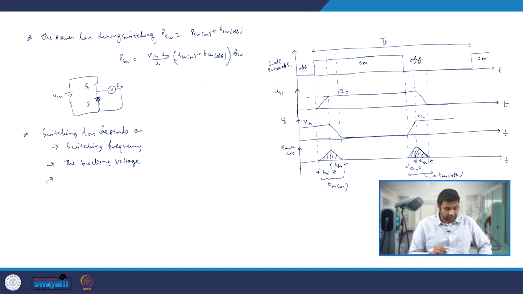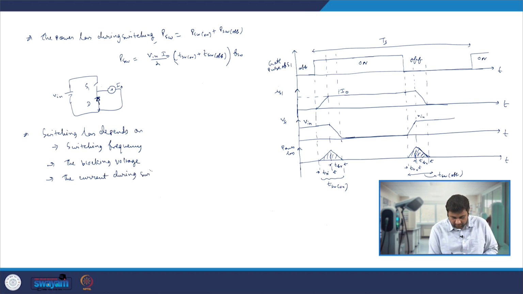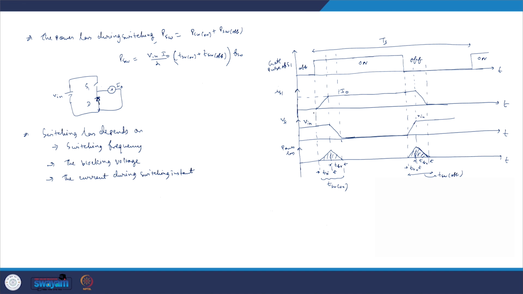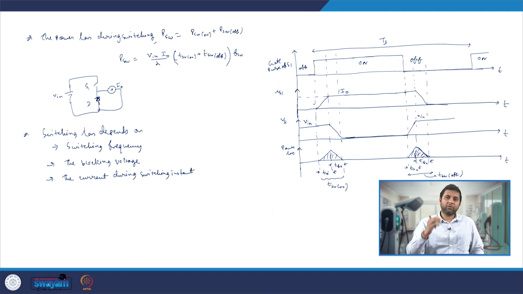Then it depends on the current during the switching instant. So you can say the switching current, the current it has to carry when it turns on, and the current when it is turned off, the amount of current it has to go from a non-zero value to zero value. That is the current during the switching instant.